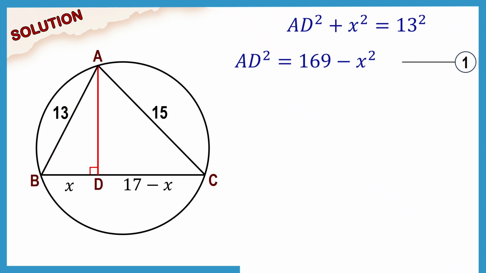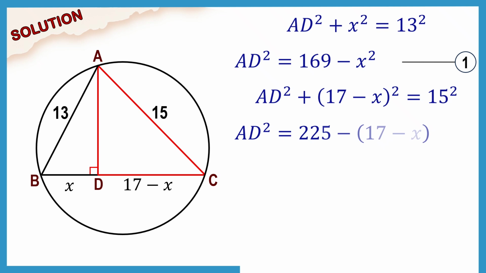Applying Pythagoras to triangle ACD gives AD squared plus (17 minus x) all squared equals 15 squared. AD squared equals 225 minus (17 minus x) all squared.